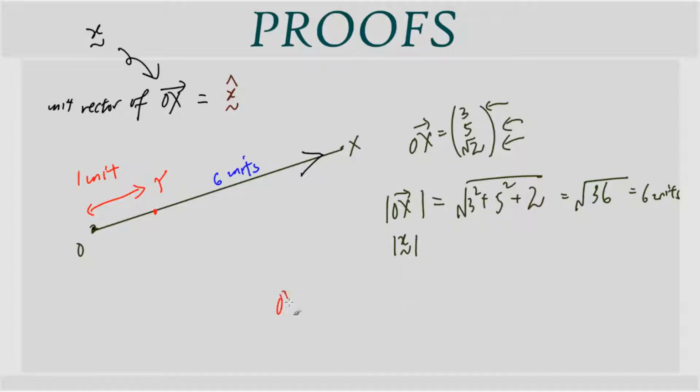So we have OY is equal to 1/6 of OX, because it's moving in the OX direction, but it's only 1/6 of the magnitude. So that's 1/6 times OX, and that gives you 1/6 of (3, 5, root 2). Now this is really important later on, because this is literally like the base Lego block of all the vectors.